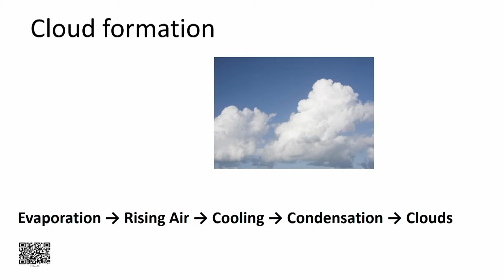The type of cloud depends on latitude, sorry, altitude, temperature and air movement. Then growth and precipitation: if droplets combine and grow heavy enough, they fall as rain, snow or other forms of precipitation. So this is the process of rain cloud formation.